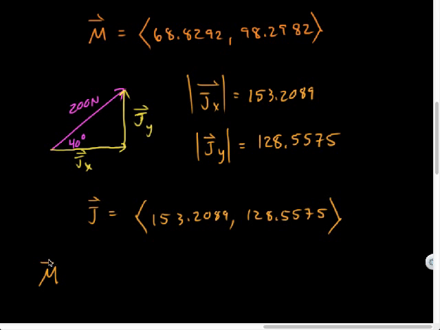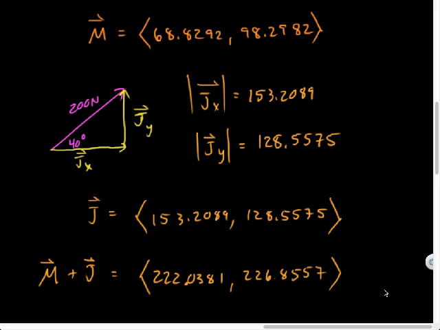The Mary plus the Joseph vector, also known as the Jesus vector, maybe? I would just add their corresponding elements. So 153 plus 68 is 222.0381. I'm going out to 4 decimals here. I'm an overachiever. And 128 plus the 98, I get 226.8557. So that's that vector.